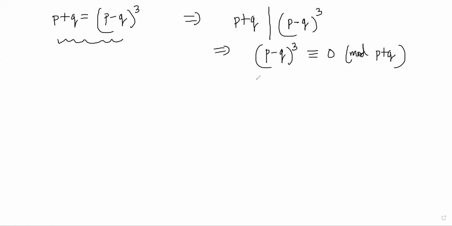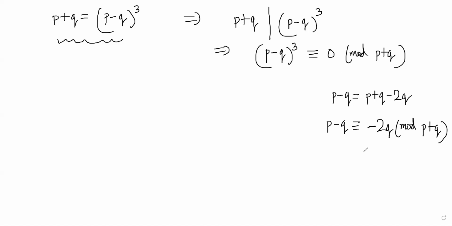Now think about P minus Q. P minus Q is actually equal to P plus Q minus 2Q. So P minus Q is congruent to minus 2Q mod P plus Q, right?